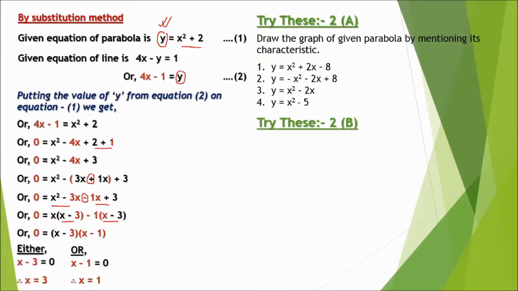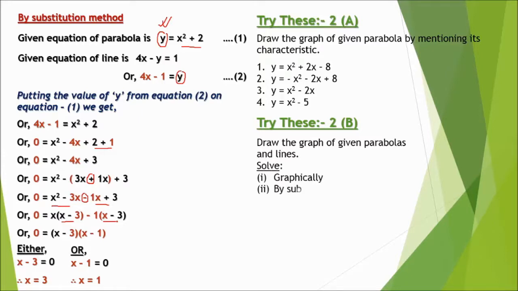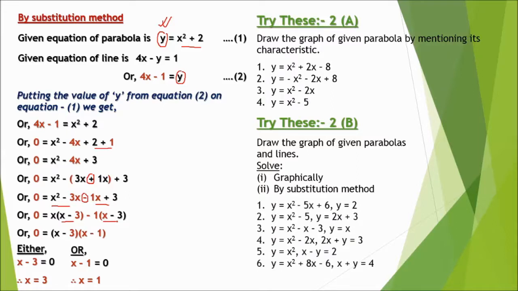And in B, you have to solve by both methods, graphical and substitution, and you can see the curves and lines will be given to you. Now there are a total of 6 questions. You can do these questions very easily, you will be perfect. Okay, pause the video, you can do this, and let's move to another slide.